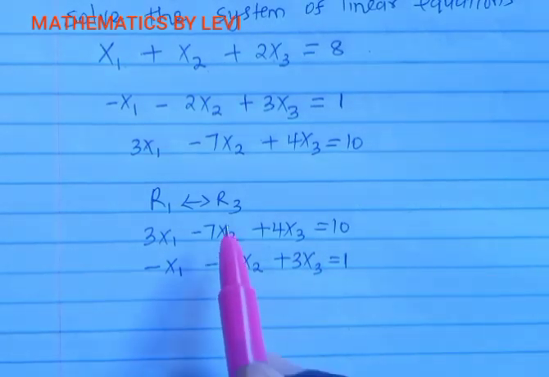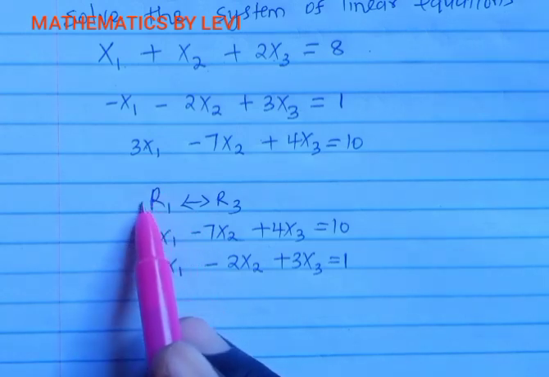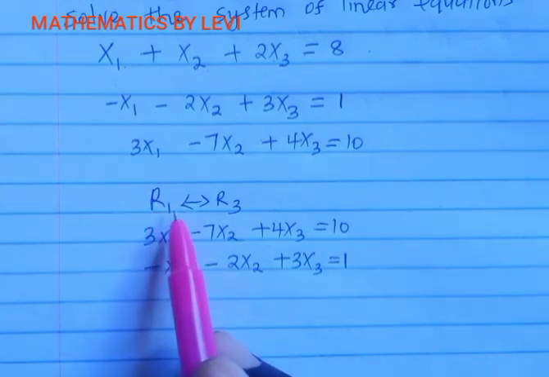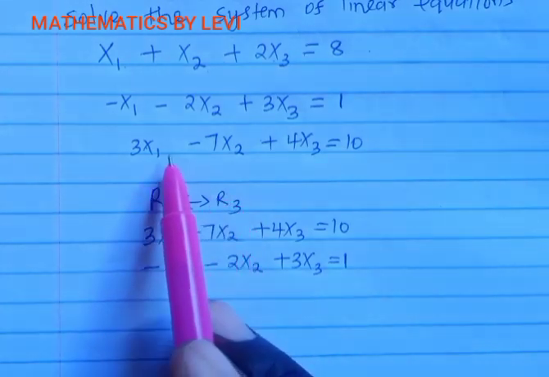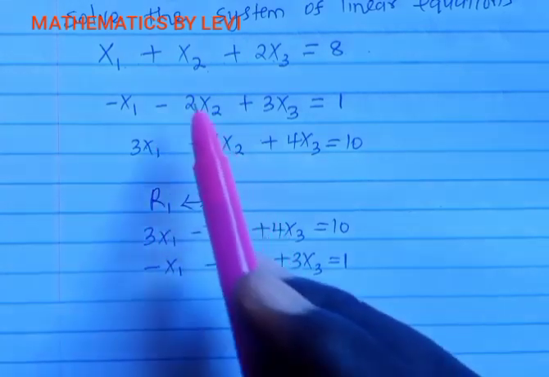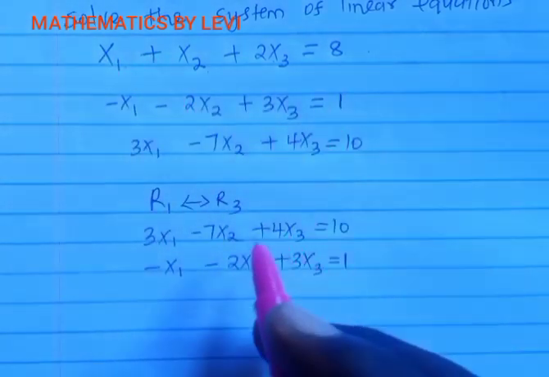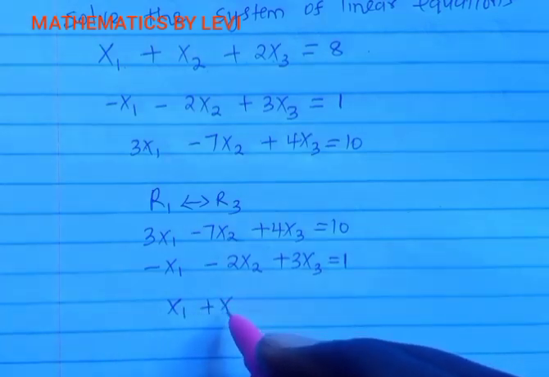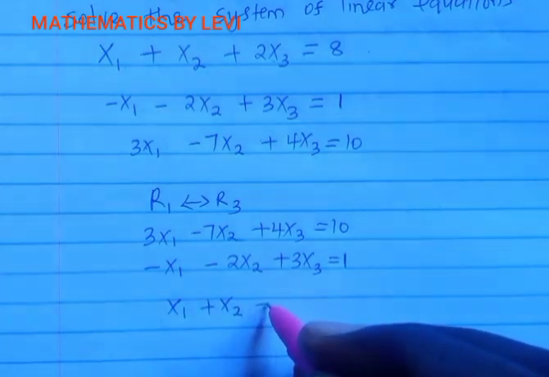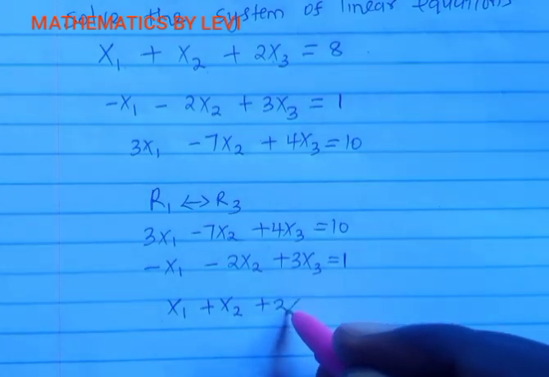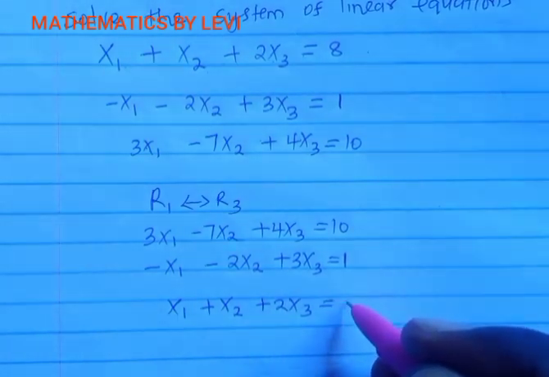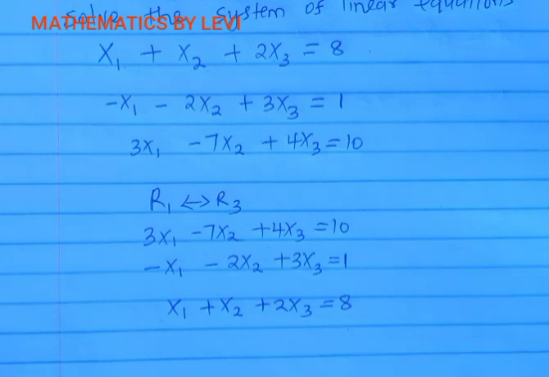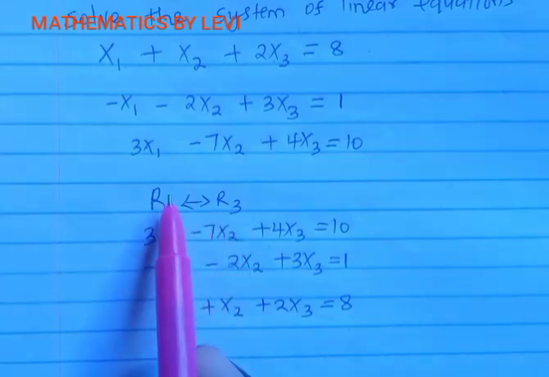Now, our third equation, since we have to interchange the position of equation 1 with equation 3, means our third equation will be the first equation. That is x1 plus x2 plus 2x3 equals 8. That now becomes our row 3 because we have swapped R1 with R3.